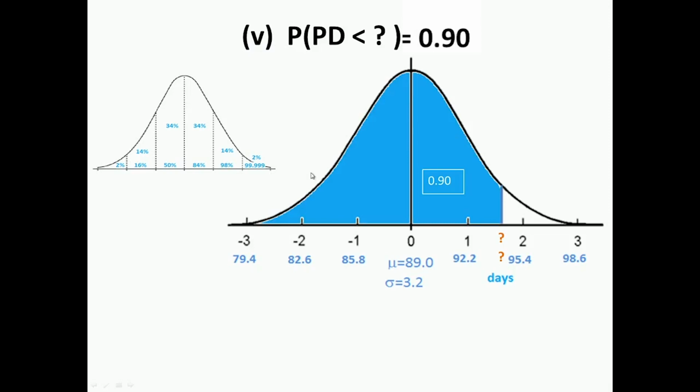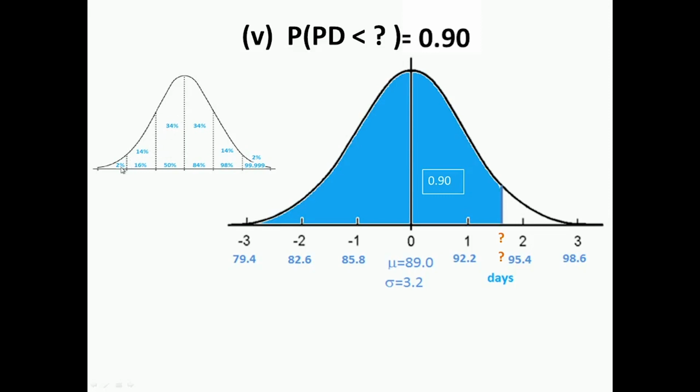If we take, for example, the typical normal distribution with percentages of areas given, you can see we have divided this into 1, 2, 3 standard deviations. The first area is 2%, this area is 14%, this area is 34%.